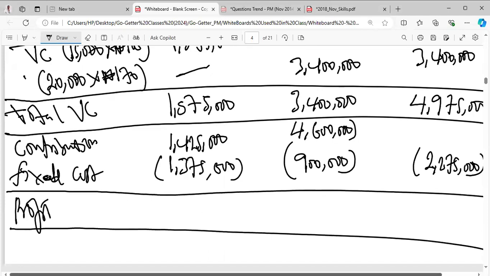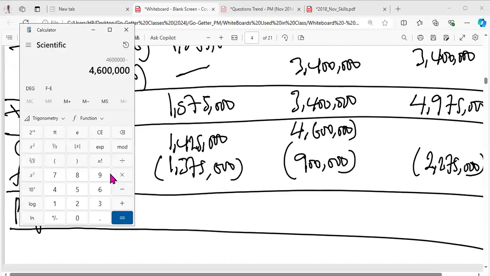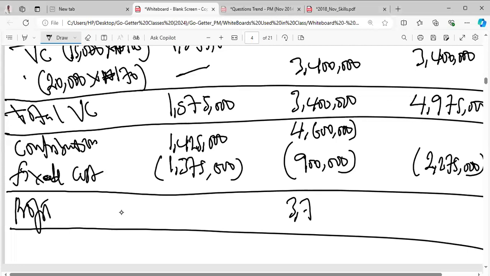Profit: 4,600,000 minus 900 gives 3,700,000.